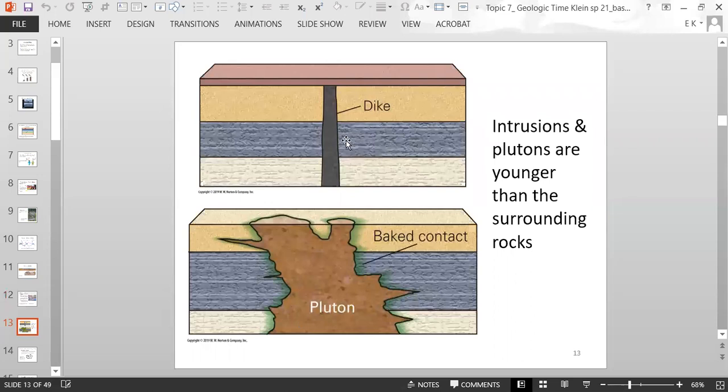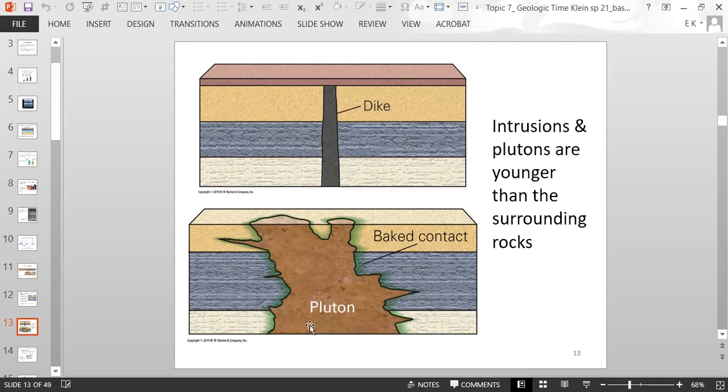Okay, so in the top diagram, you're looking at these rock layers and then this igneous dike. So the igneous dike is younger than the rock layers that it intruded. And then here is an igneous pluton. The rock layers were already there.